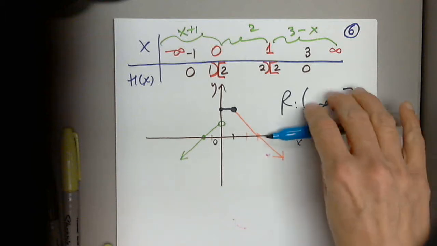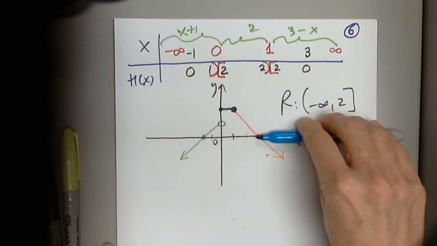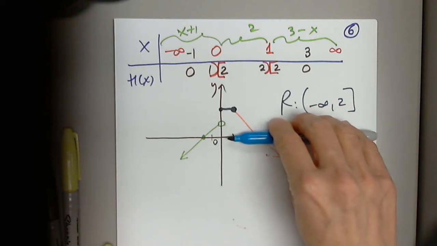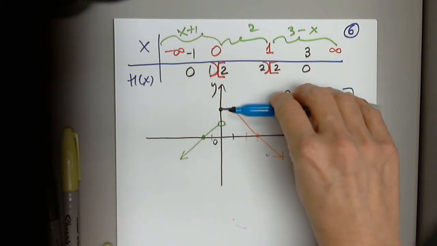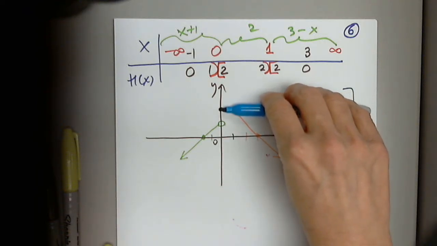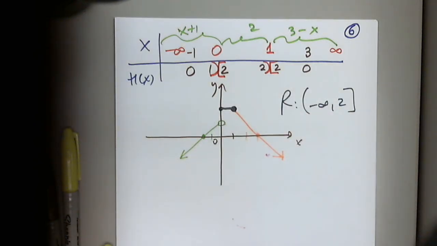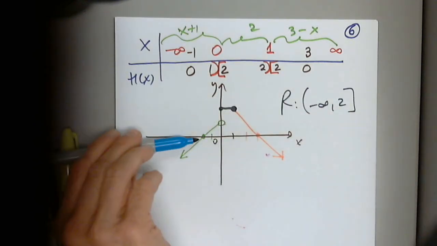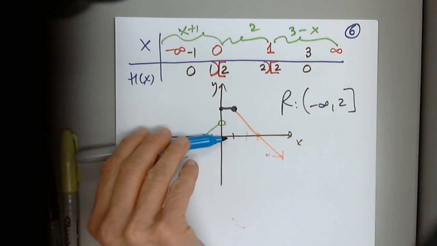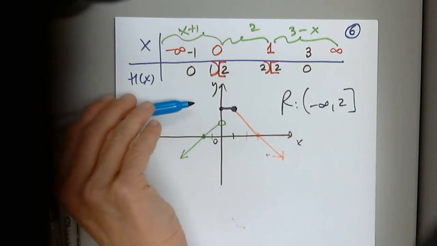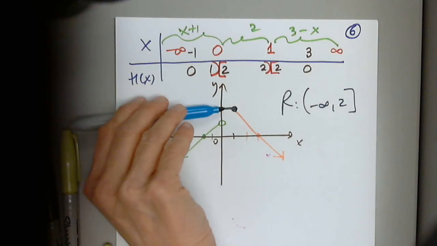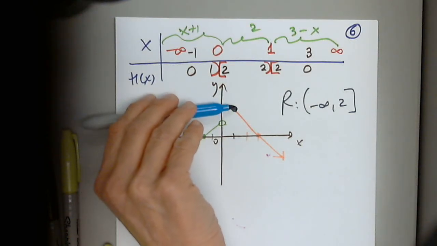If I'm coming now with x from this side, as x gets closer and closer to 0 from the right, the function values get closer and closer to 2. Very good. Final question. As x gets closer and closer to 1 from this side, the function values get closer and closer to 2.